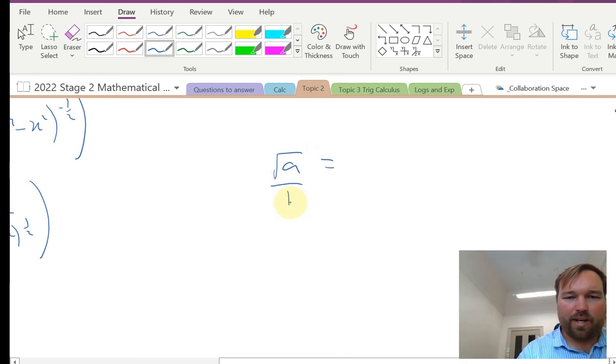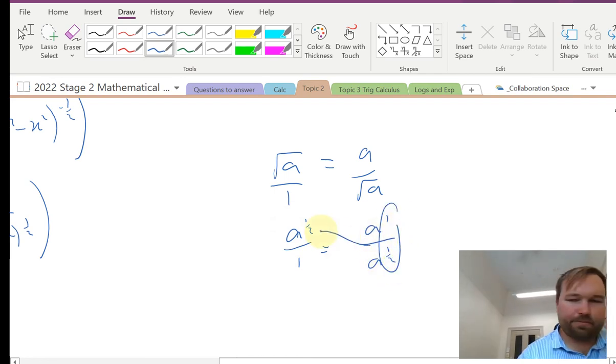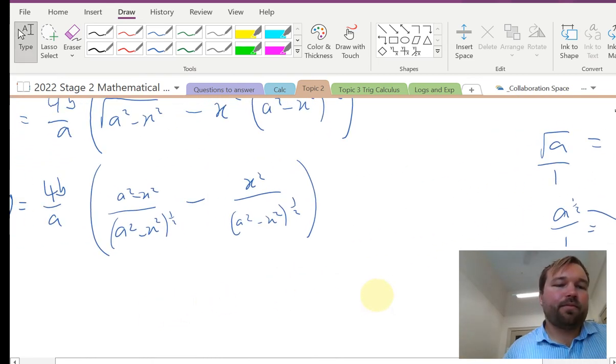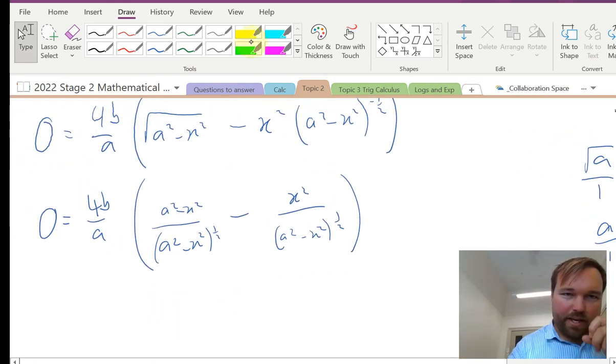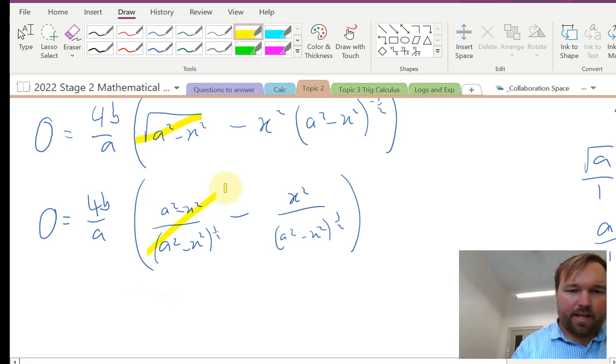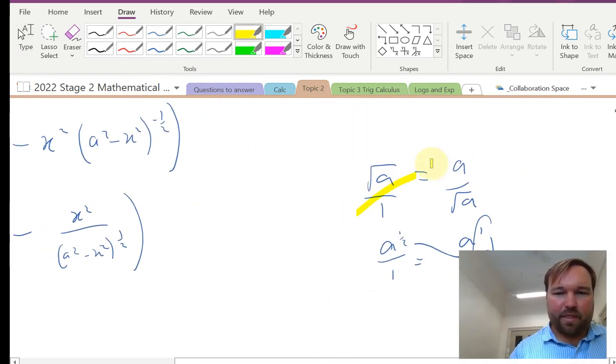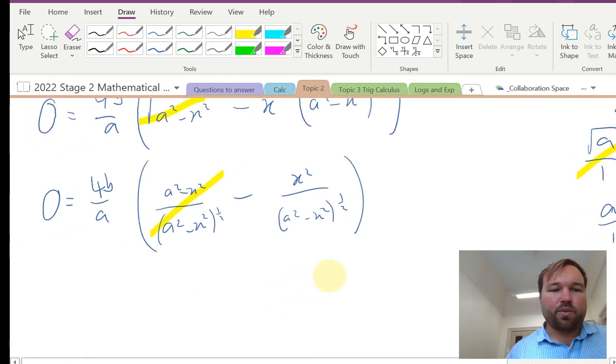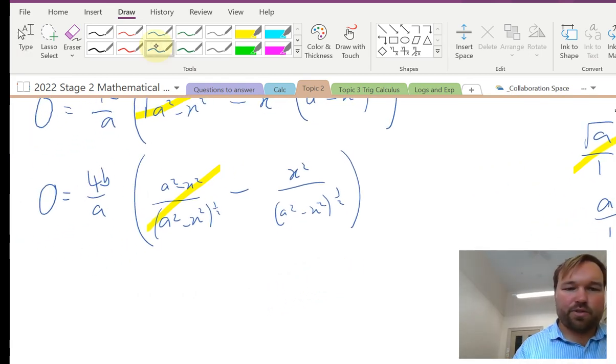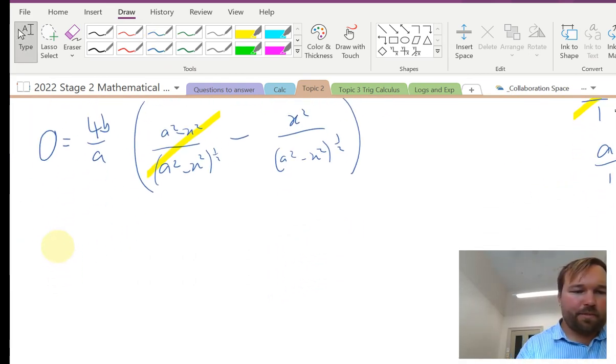Root a on 1 is the same as a on root a, because a to a half on 1 is the same as a to the 1 on a to the half, because the powers subtract to get back to there. So, what I've done from here to here is effectively that to that. It looks weird, but it's a neat trick because it gets me that common denominator.